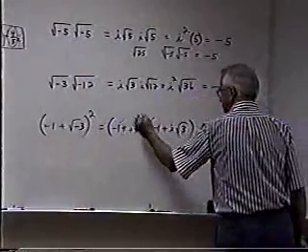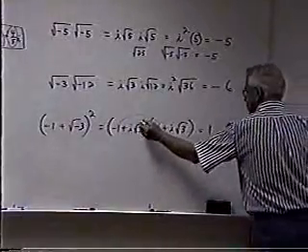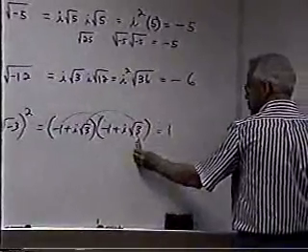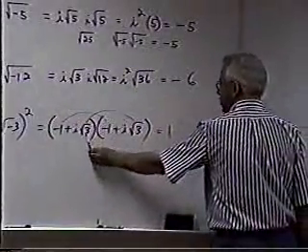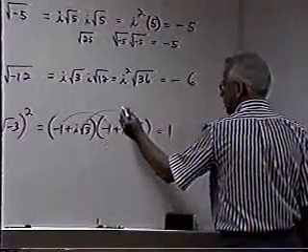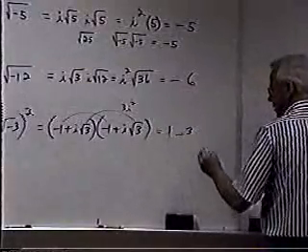Now we'll do the first times the first. So that's equal to plus 1. We'll do the last times the last. Now watch, be careful with something like this. The square root of 3 times the square root of 3 is 3. i times i is i squared. So that's 3i squared, which is minus 3.